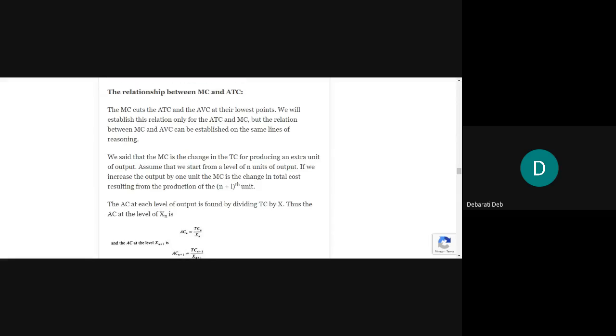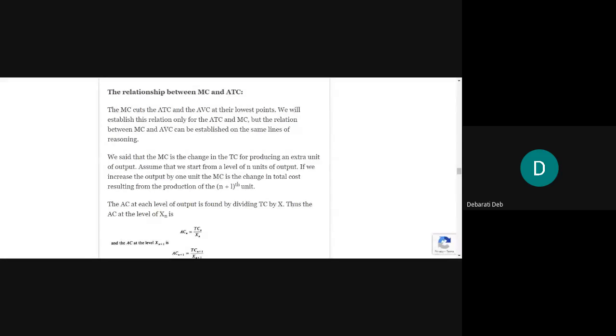So the most important thing is to establish the relationship between marginal cost and average total cost. Based on the same logical reasoning, you can also find out the relationship between marginal cost and average variable cost. So the first line is very important for drawing the diagram.